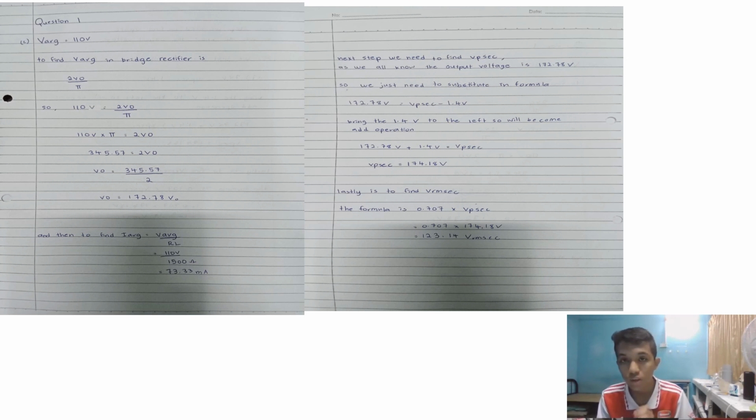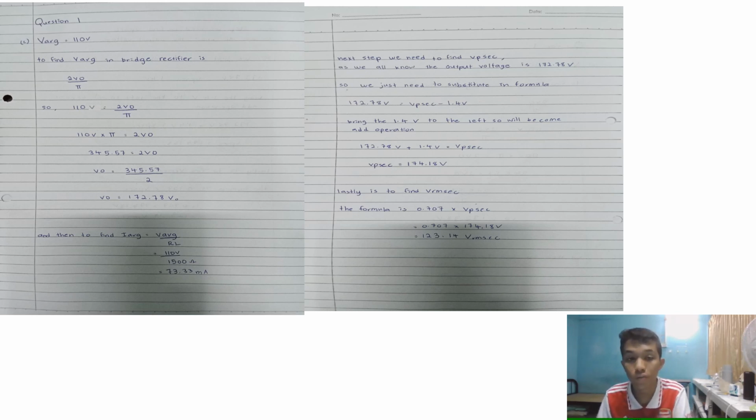First we multiply 110 volt with pi, so we get 345.57 is equal to 2V out. Then we divide by 2, so V out is equal to 172.78 volt.